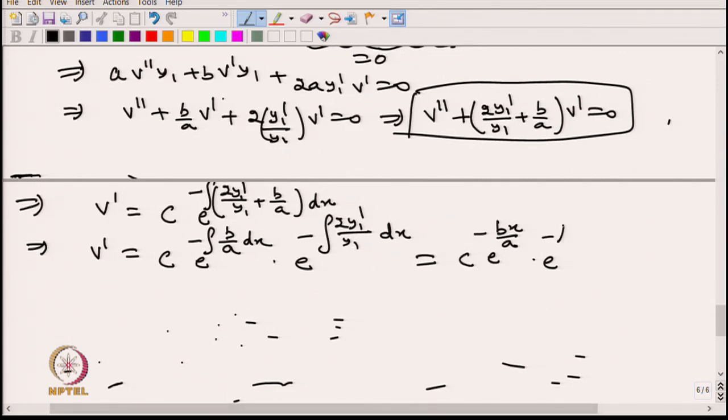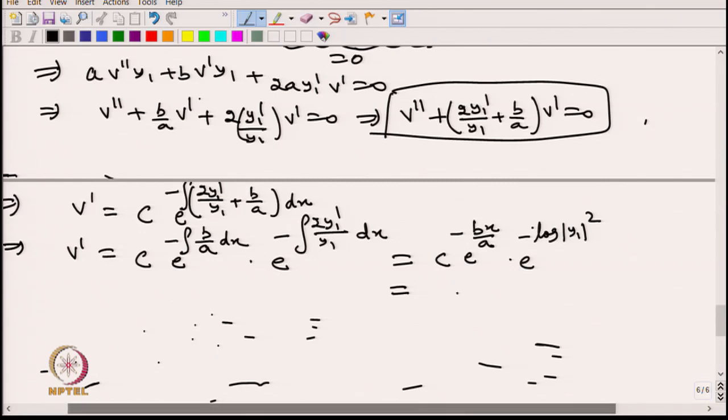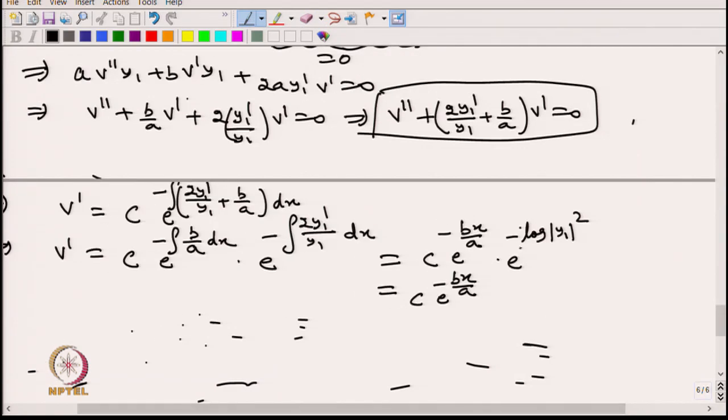So, further I can write this as c e raised to power minus bx by a, and then, because the exponential and the log cancel, this reduces to 1 over y1 square.